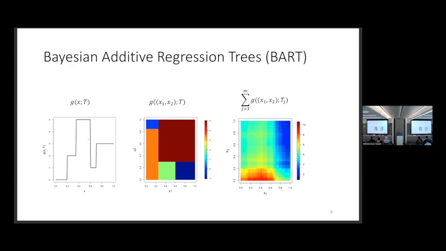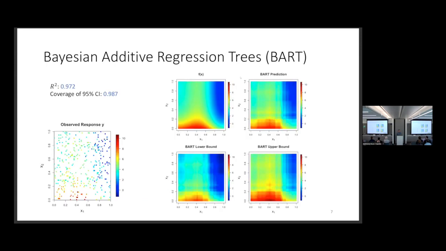It's just a step function. In 2 dimensions, you'd have a 2-dimensional step function like this one in the middle. And if you add together, I think here I'm using 200 trees, predictions from all of those trees, then you get a representation of the mean function like the one on the right.